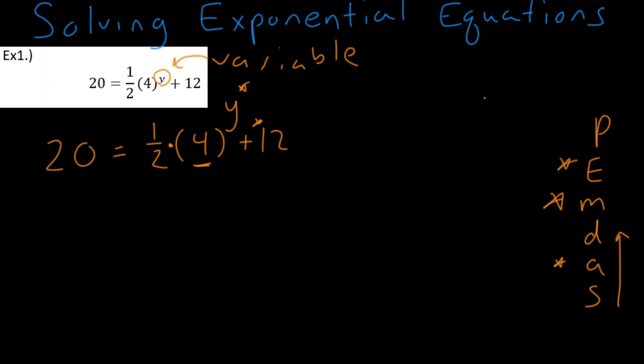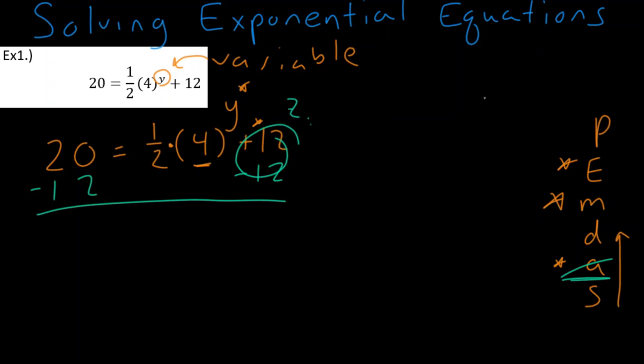Going from the bottom to the top, the first thing I want to get rid of is my addition. The opposite of addition is, of course, subtraction, so we can subtract 12 from both sides. And remember, there's my 0 pair. 20 minus 12 gives us 8. Now we have 8 is equal to 1 over 2 times 4 to the power of y.